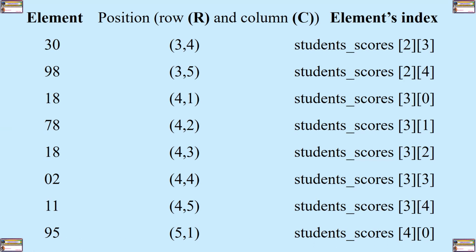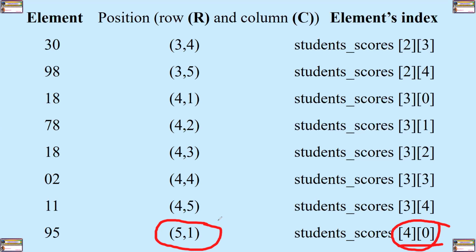So if you are given an index of an element with its name, you can easily tell which position it is. Like if you are given student scores [4][0], note the difference. The subscript is enclosed in square brackets. But when you're identifying in terms of just the rows and the columns, it is just the normal parentheses. If you look at the way I'm writing this and the way I'm writing this, it is different. For element index, you can see I'm using square brackets.